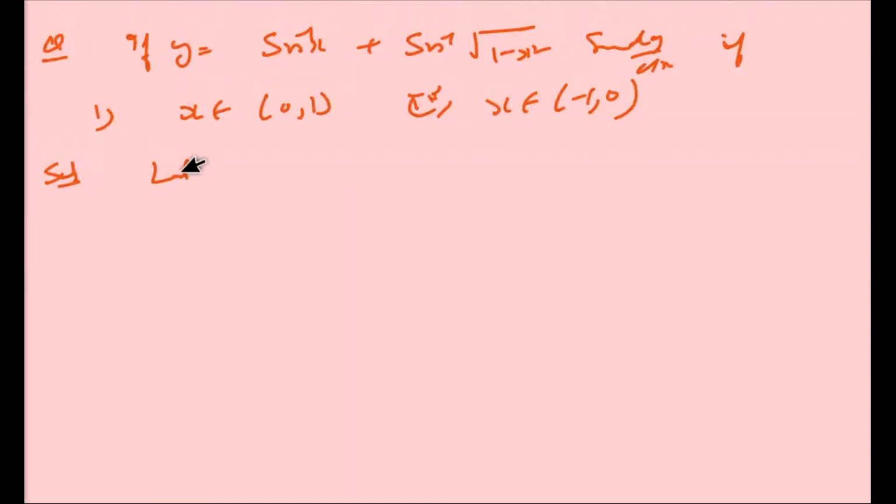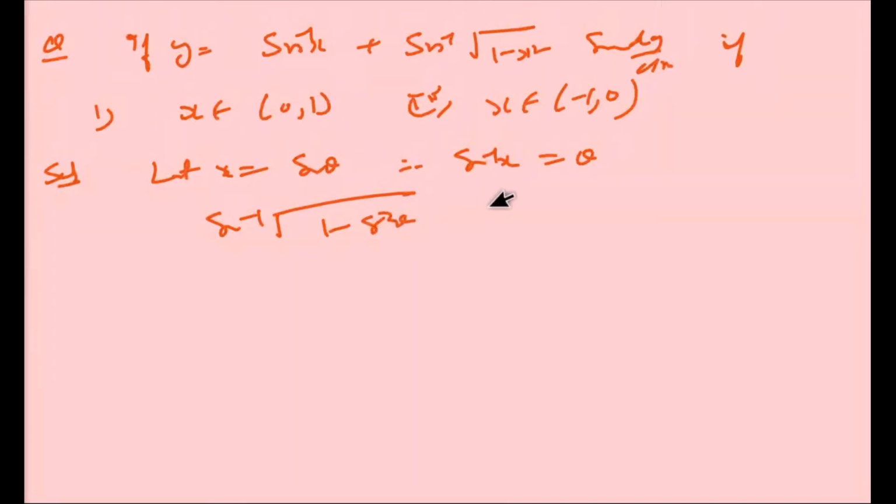Let x equal to sine theta, hence sine inverse x equal to theta. So this one is theta, and what about here? Sine inverse of root of 1 minus sine square theta equal to sine inverse of root of cos square theta equal to sine inverse cos theta.